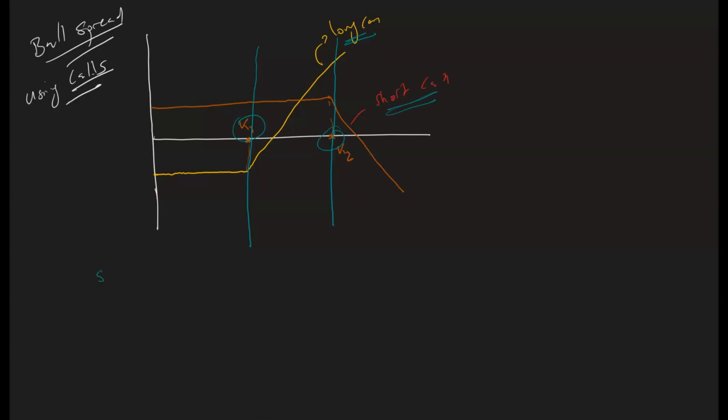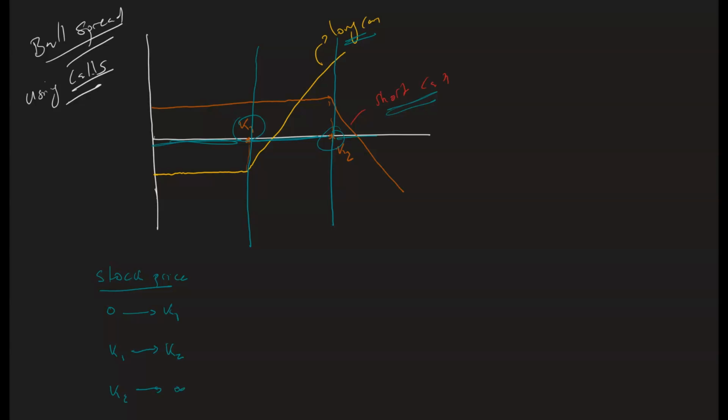So our stock price can be between 0 and K1, that is this first window, or between K1 and K2, that is the second window, or between K2 and infinity.